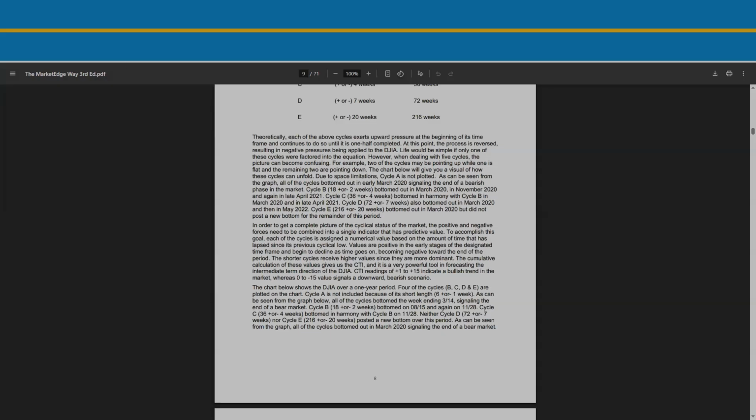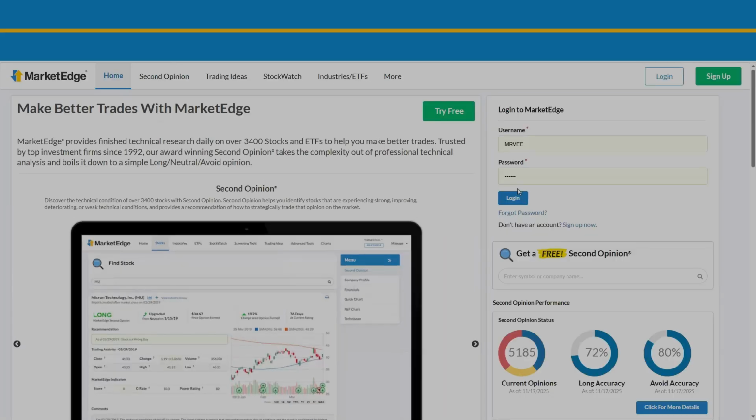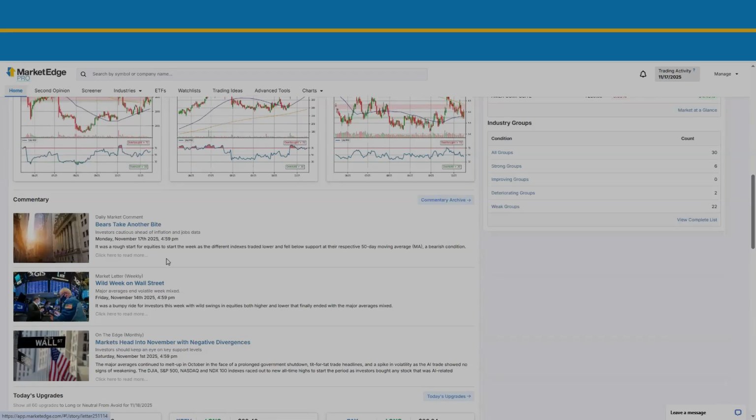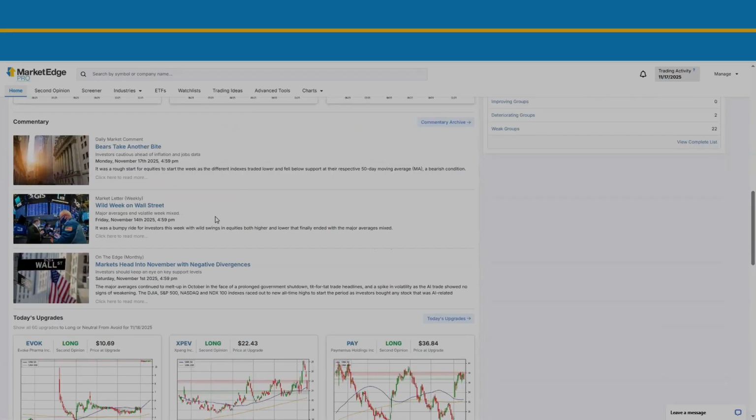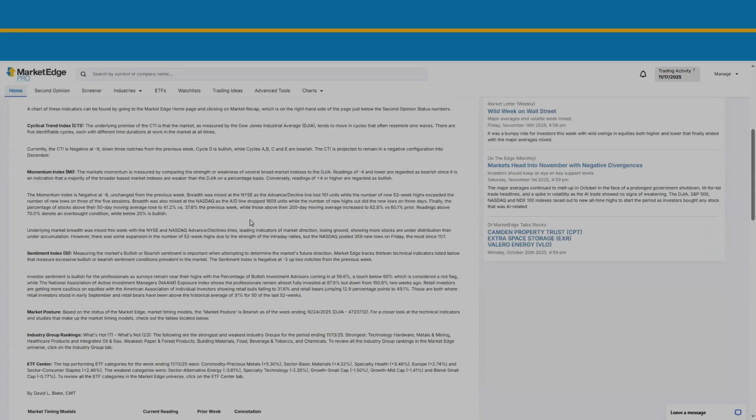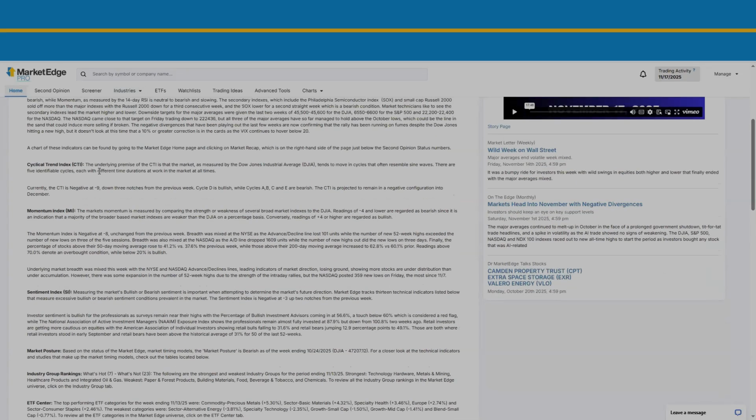Okay, great. So, how should our users apply this theory? If we go back to the Market Edge homepage, we have several publications that contain the market timing models. The weekly, which we looked at before, has the Cyclical Trend Index, and it's saying it's -9, down 3 notches from the previous week.